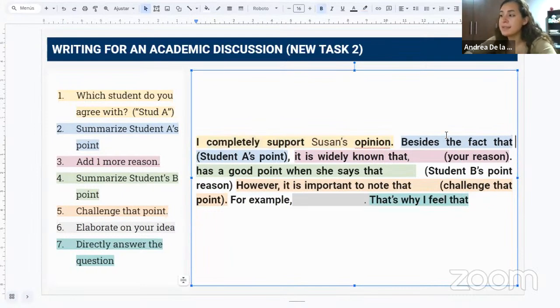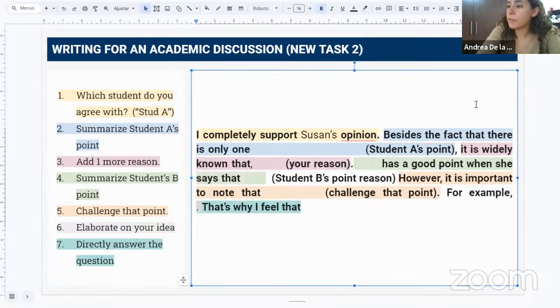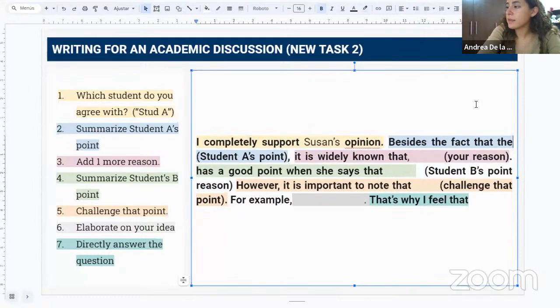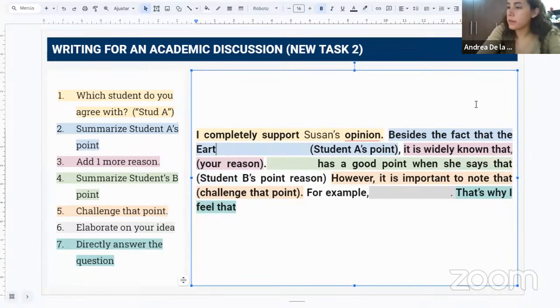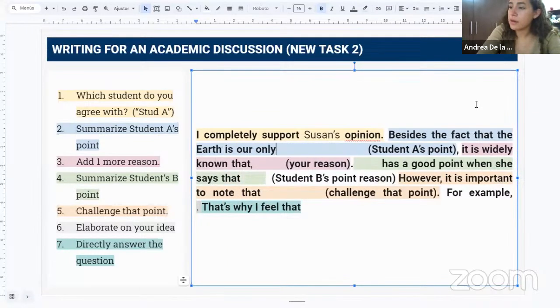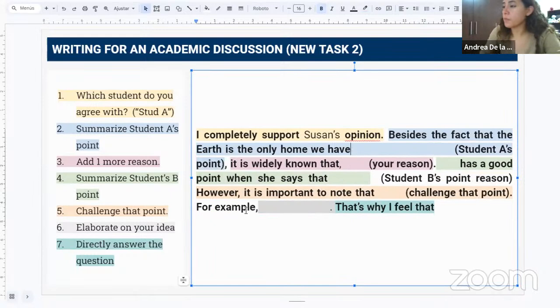We're going to say, besides the fact that, además del hecho de que, there is only one planet. Or let's say, besides the fact that the Earth is the only home we have, I don't know.